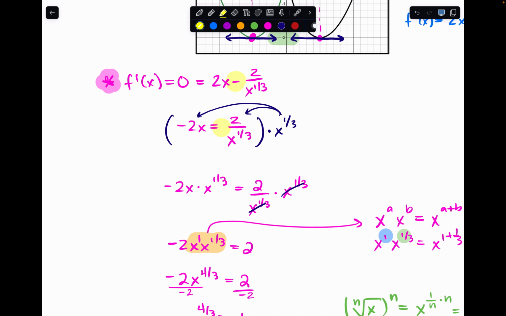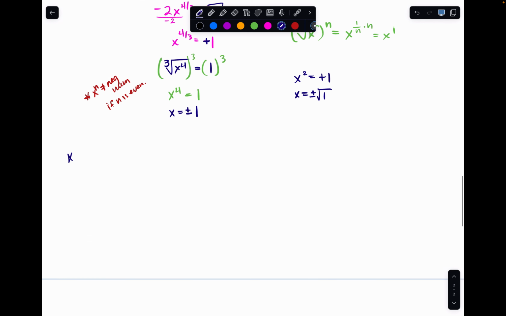So now I found x equals plus or minus 1 because of f prime of x equaling 0 there. Now, this and this appear on the graph to be the smallest points of f, and they are. If you plug negative 1 and positive 1 into f, you should get -2.